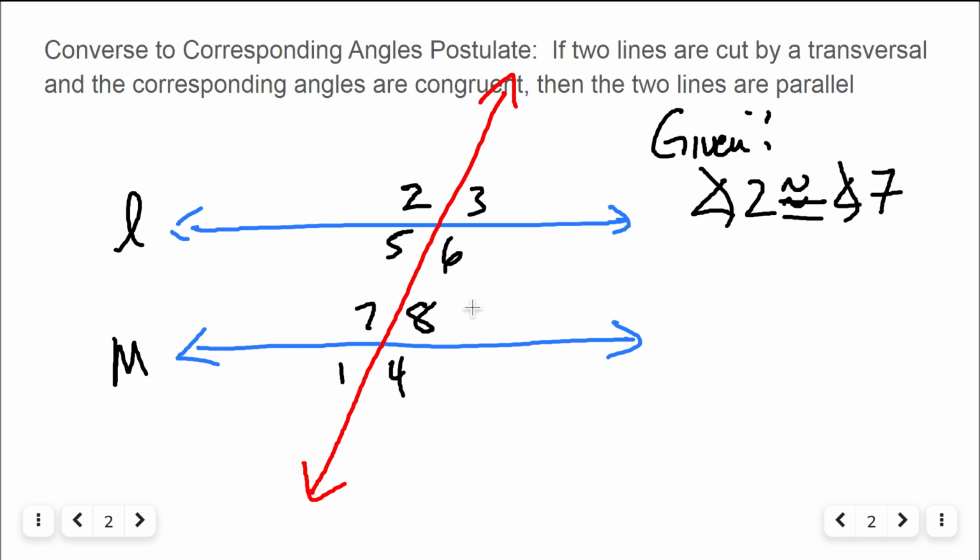I'm telling you, angle 2 is congruent to angle 7. I know that. So now take a look. Angle 2 is in the top left corner. Angle 7 is in the top left corner. Angle 2 and angle 7 are corresponding, right?